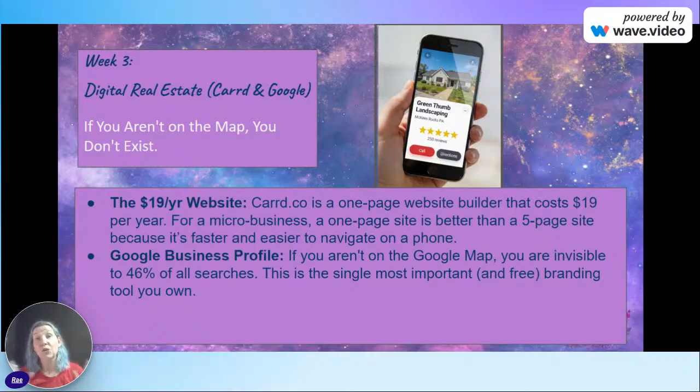Your competitors with terrible, slow, outdated 5-page sites, they're losing customers to bounce rates and confusion. You, with a clean $19 a year one-pager, you're suddenly in the top 20% of credibility in your market. That's not an exaggeration. That's just understanding what customers are filtering before they ever pick up the phone.